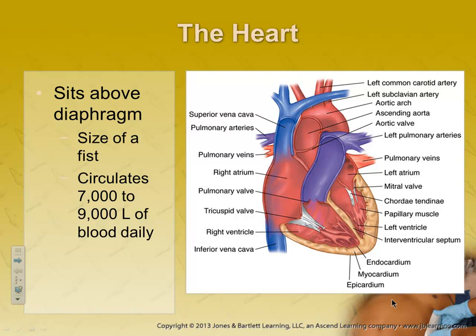The reason it's called that is because if you imagine the heart in the shape of a triangle, the point is the apex and the bottom is the base. So if you imagine your heart as an upside down triangle, the apex is going to be at the bottom and the base is going to be at the top. Okay?